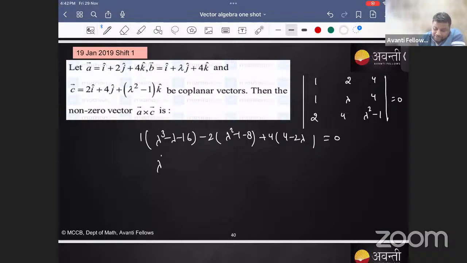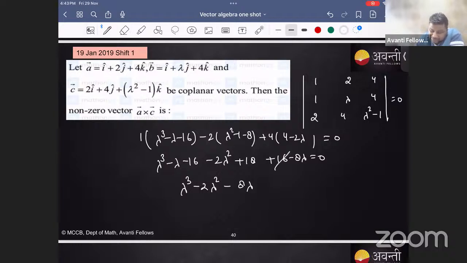So it is lambda cube minus lambda minus 16 minus 2 lambda square minus 1 minus 8 minus 9 to plus 18 plus 16 minus 8 lambda is going to be 0. So it is lambda cube minus 2 lambda square minus 8 lambda, this 16 cancels, plus 18 equals 0.